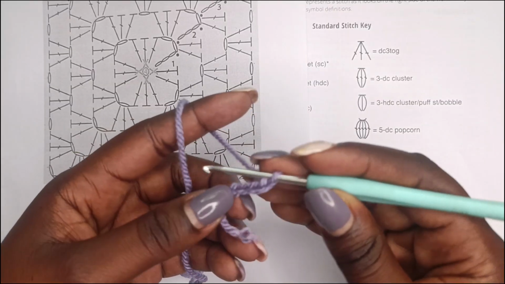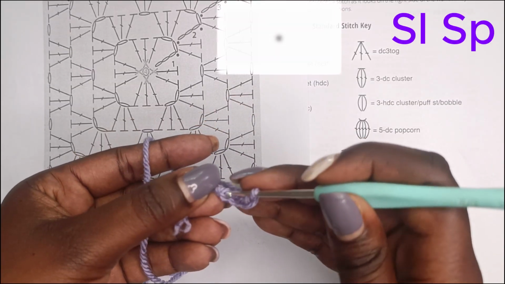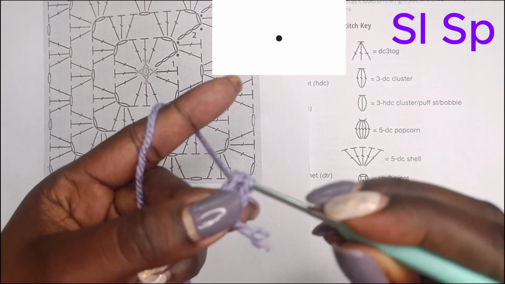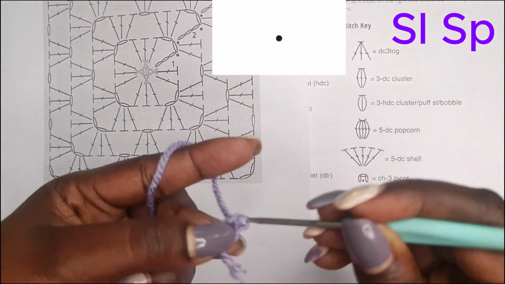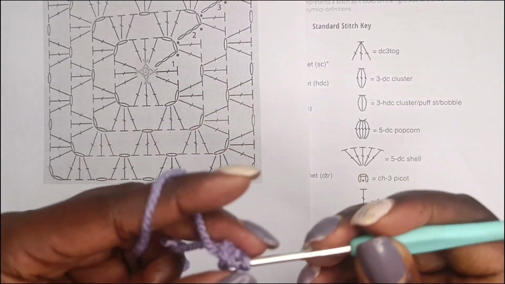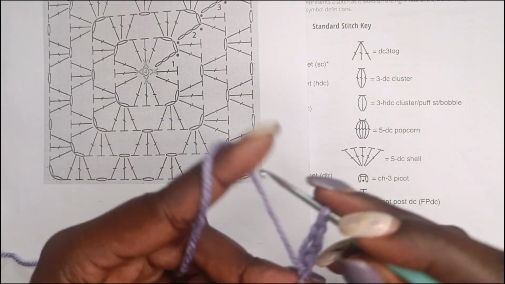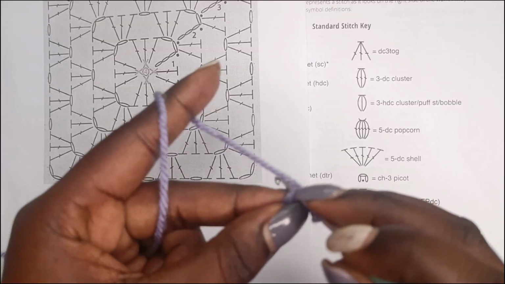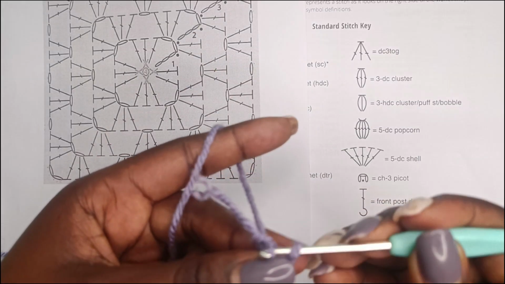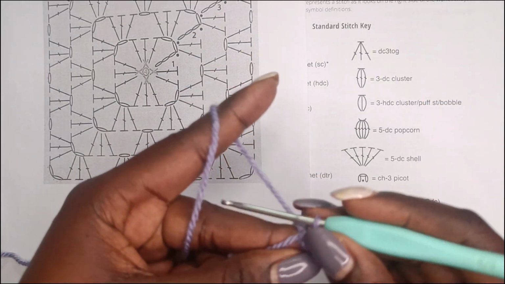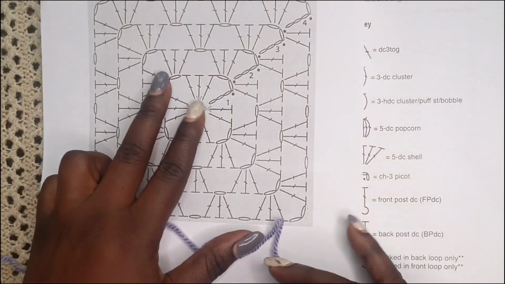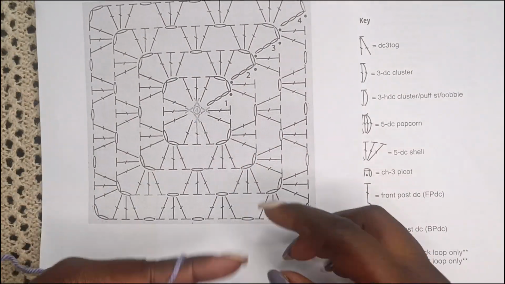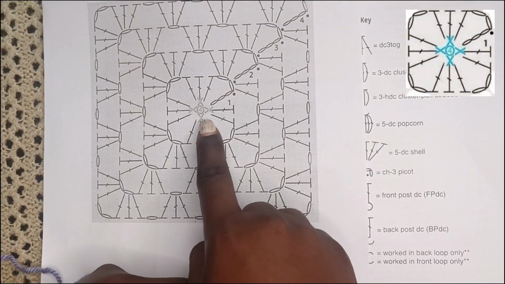After chaining 4, we're going to close our round using a slip stitch. The slip stitch is a dot. Let's do that again. Slip stitch and close off the round. So we're done with our first ring. Then we go towards the second round.